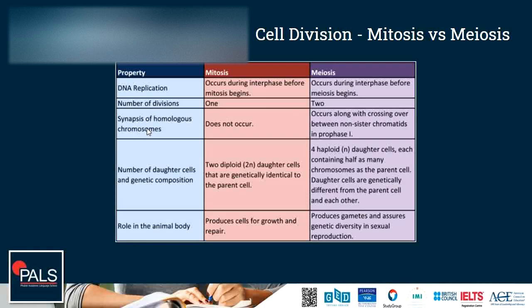The tetrads or the synapsis of homologous chromosomes only occurs in meiosis, along with the crossing over between the non-sister chromatids of the homologous chromosomes in prophase 1. The number of daughter cells and genetic composition: in mitosis, we have 2 diploid daughter cells, which means they have the full set of chromosomes.